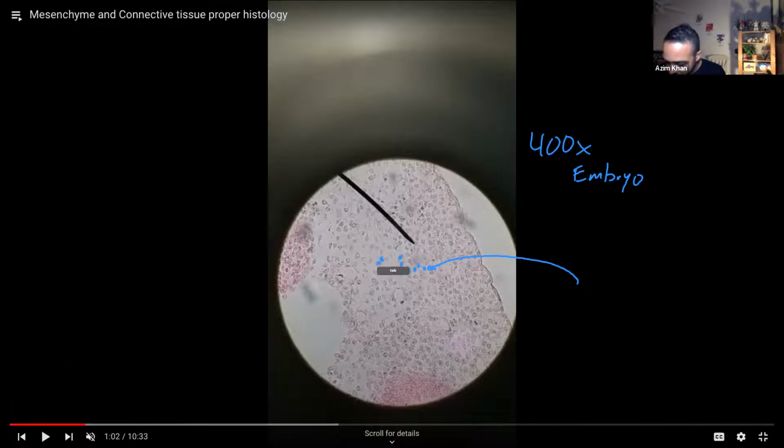They're not right next to each other. They're kind of branchy, and they have stuff in between them. This is mesenchyme, our embryonic connective tissue. It can become any type of connective tissue. Look for cells with light branches coming off of all of them. They're spaced out. There's a lot of cells here. That is mesenchyme.